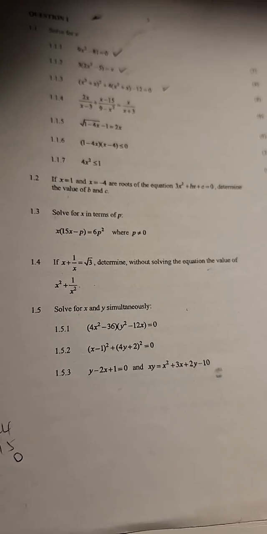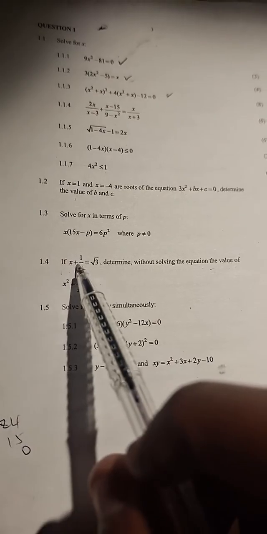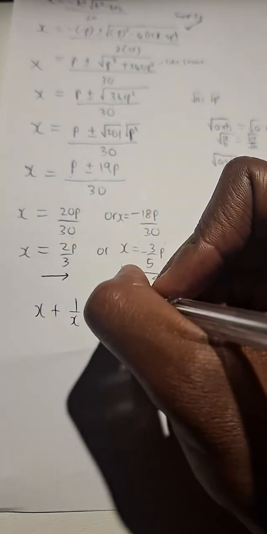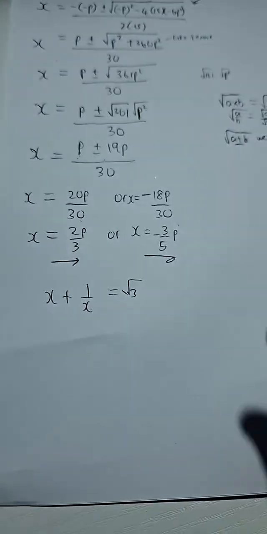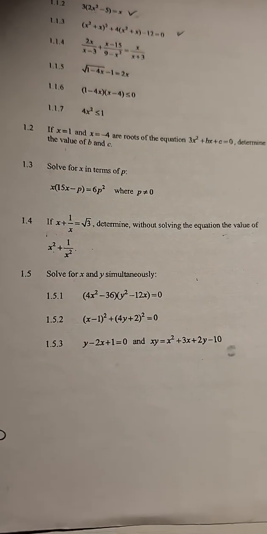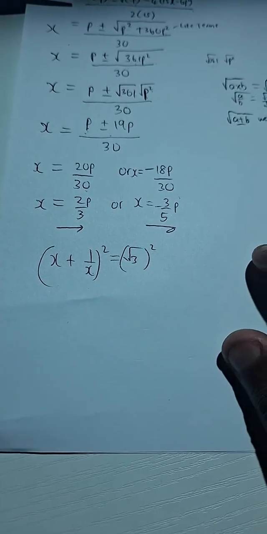So I write down for this particular question, x plus 1 over x is equal to root 3. Okay, and I can see what they want from me is the value of x squared plus 1 over x squared. So check me do this. I am going to take the left hand side and square it and the right hand side together.